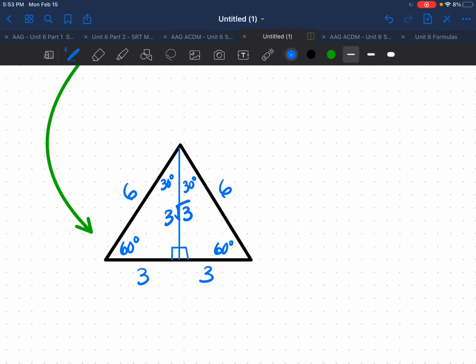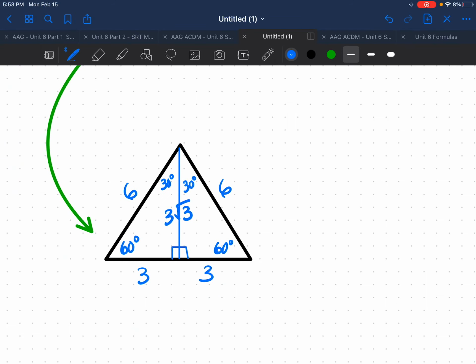So this equilateral triangle by itself is going to have an area found by using 1/2 times the base times the height. I'm going to tweak this formula in a second, but let's just go through the motions. The area of only this one equilateral triangle will be 1/2 times the base. Remember, the whole base is going to be 6, and we found the height to be 3 radical 3.